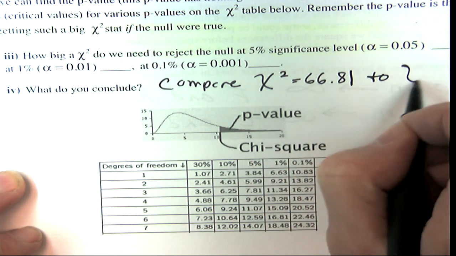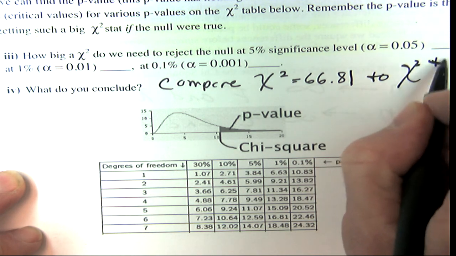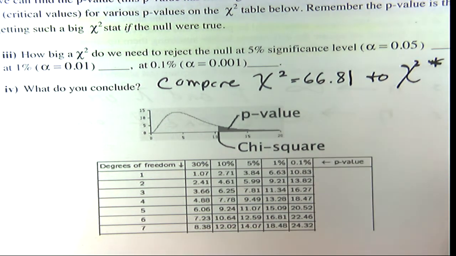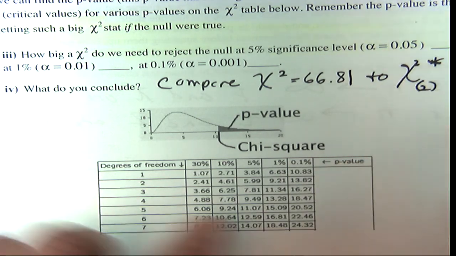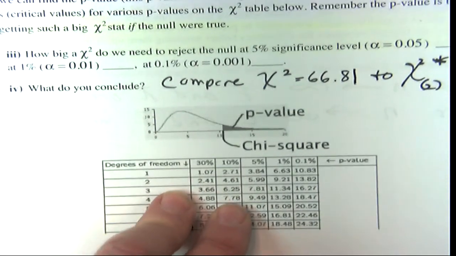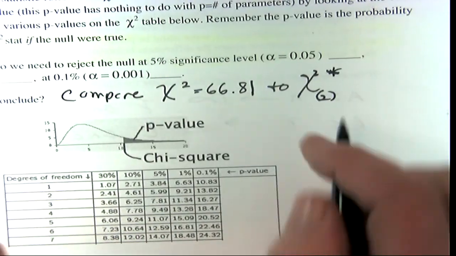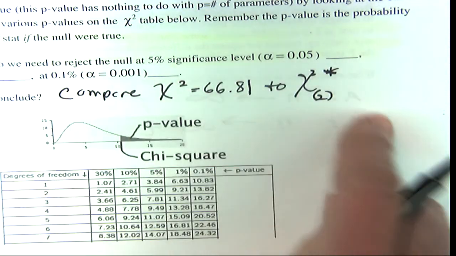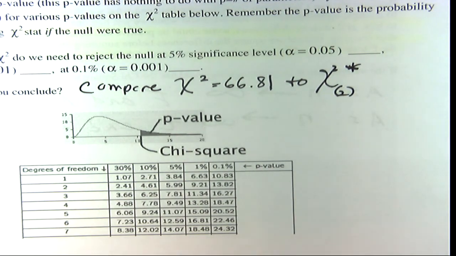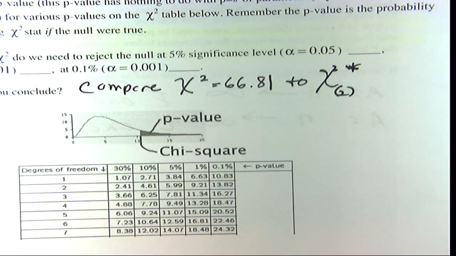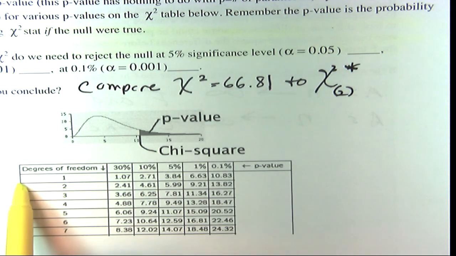We want to compare it to the chi-square critical values for 2 degrees of freedom, and that's what this chart is going to show, at different alpha levels. So you can look at this, and the 2 degrees of freedom is right here.